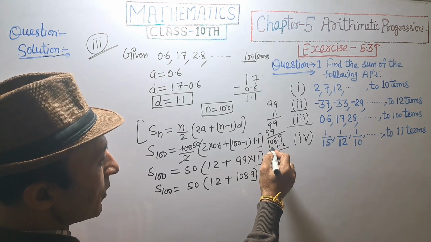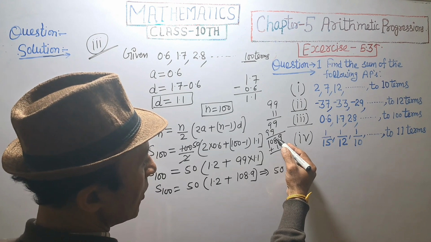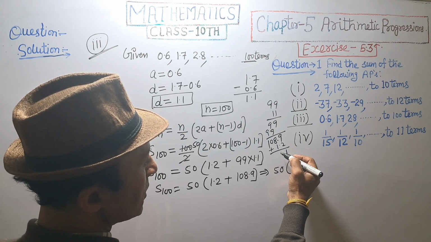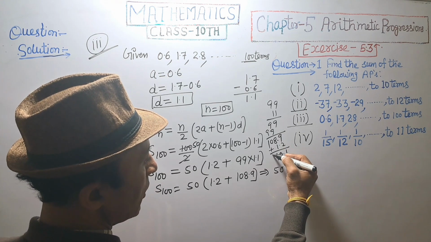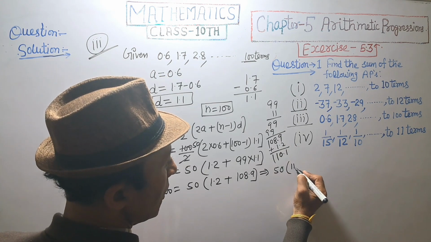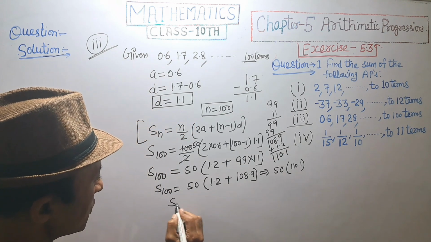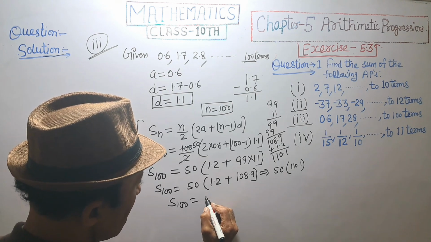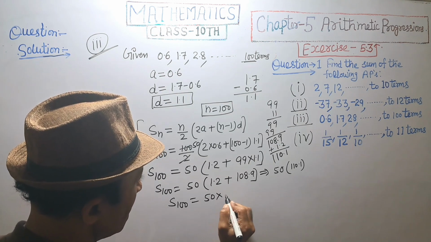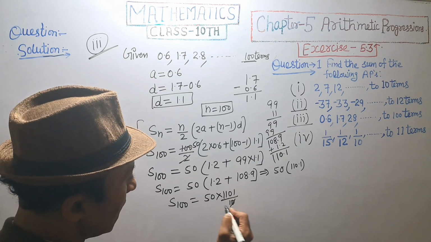108.9 plus 1.2: 9 plus 2 is 11, 1 carry, 8 plus 1 is 9, plus 1 is 10, 1 carry, giving 110.1. So S100 is equal to 50 into 1101 divided by 10.